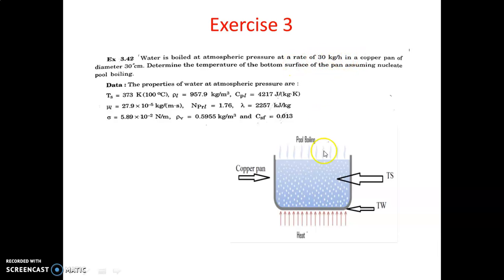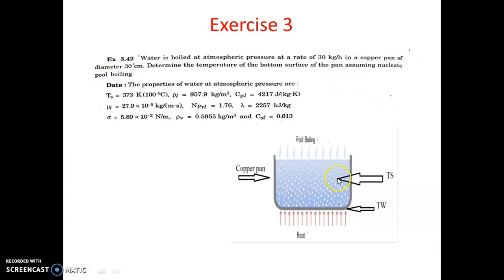This is the mass flow rate of the water, and it is boiled in a copper pan. So this is the pan, made from copper, and it has a diameter of 30 centimeter.